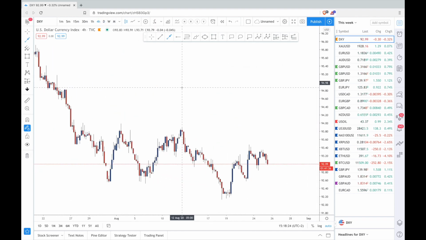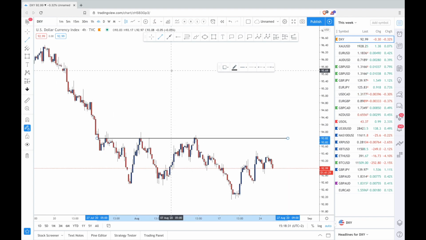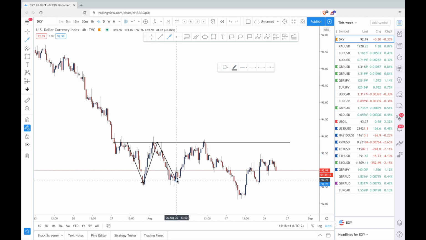On the 4 hour chart, you can see this 4 hour resistance level over here, and DXY was not able to break this resistance. We had this double bottom, and a lot of other traders may think, okay, this was the bottom, and we can expect DXY to go up.